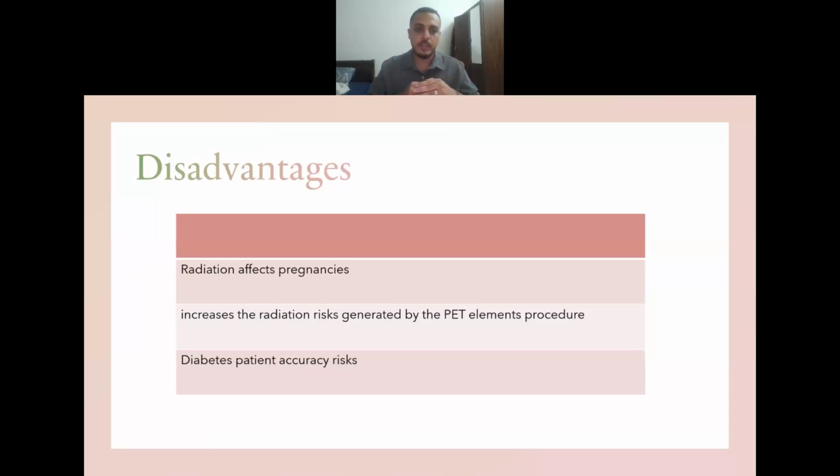And the third disadvantage is for diabetes patients. When diabetes patients have insulin intakes and dosages, the results may be interrupted because the tracer uses a form of glucose in the blood.